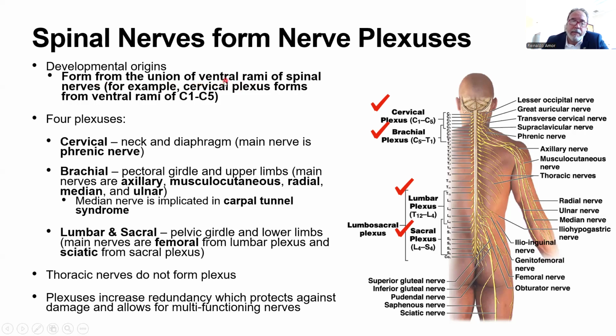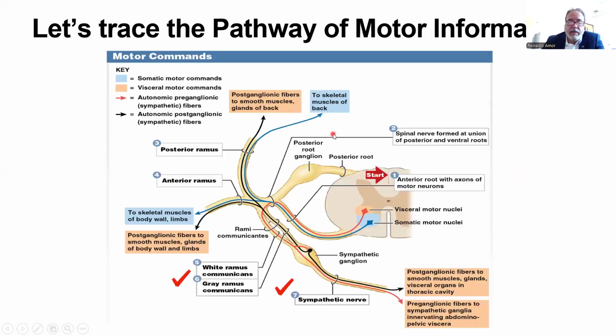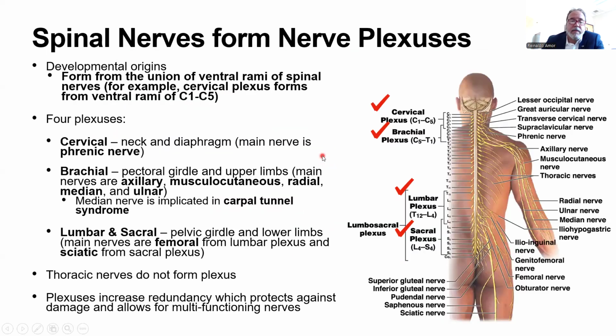For example, the cervical plexus forms by the union of the ventral rami of cervical spinal nerves 1 through 5. Okay, 1 through 5. I hope you understand this.